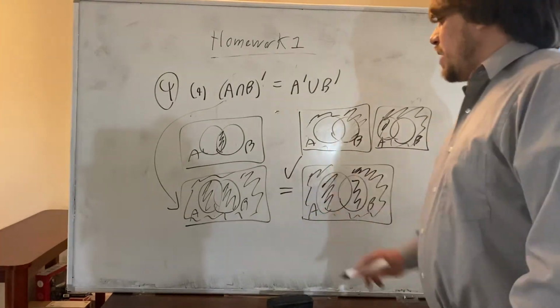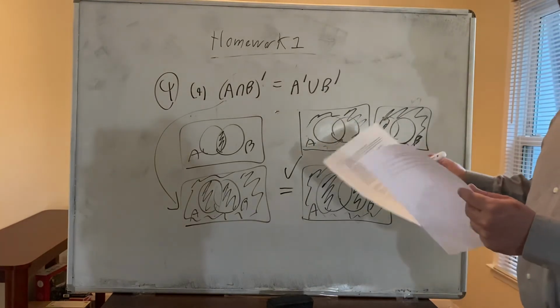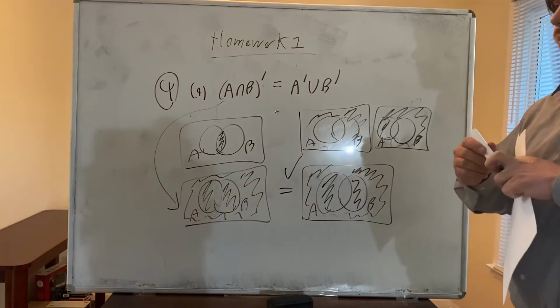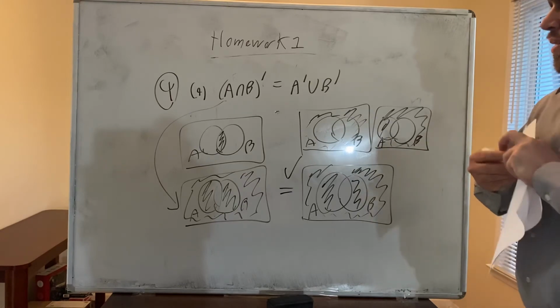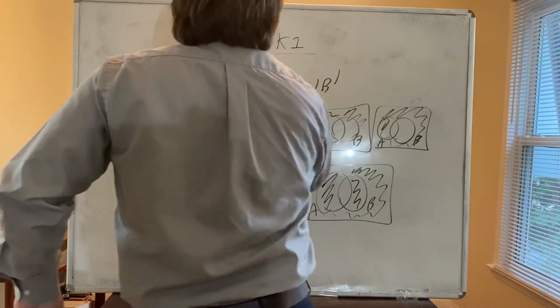And so the two Venn diagrams are the same. The Venn diagram for A prime union B prime is the same as the Venn diagram for A intersection B prime. Okay, so that's for A. And so you do something similar for the other parts.